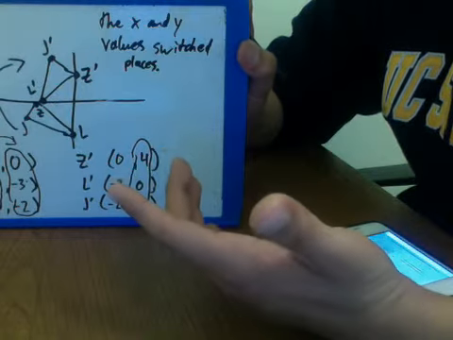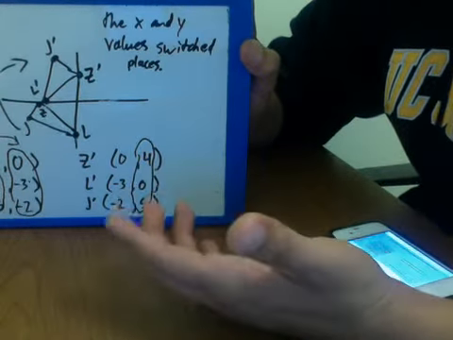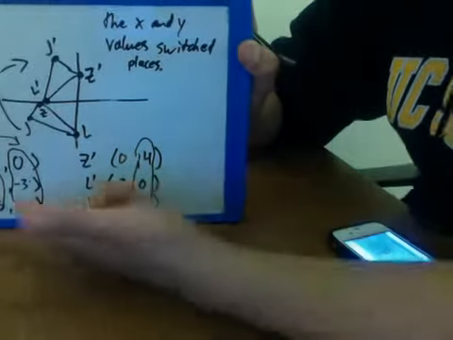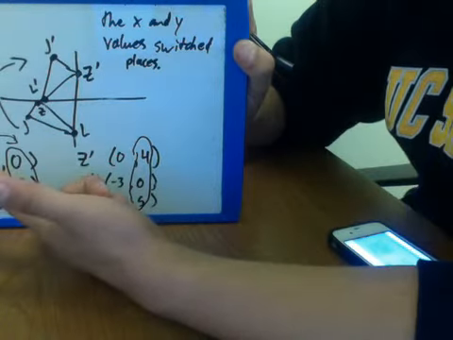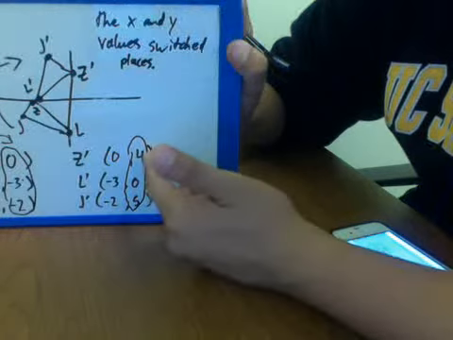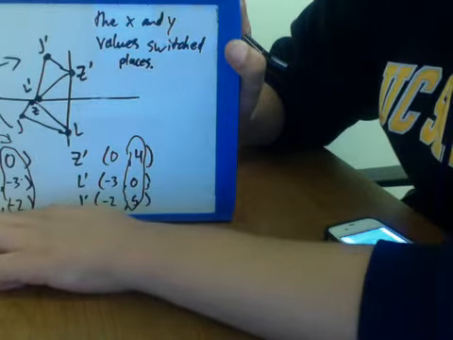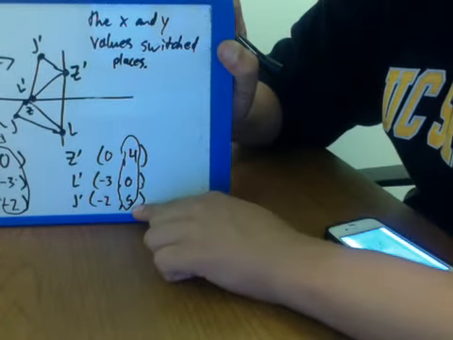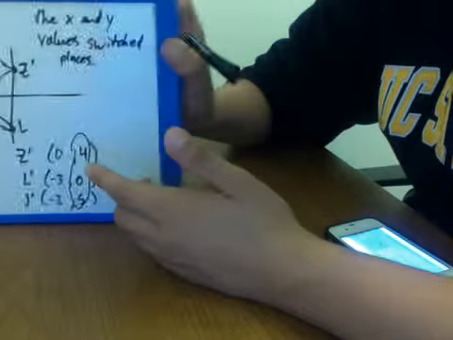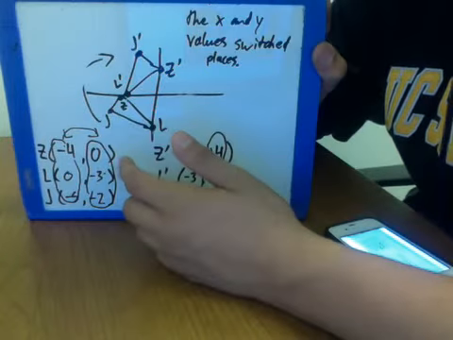The x and y values switched places. And then you could also mention something about the y values becoming positive. It went from -4 to +4. -5 became a +5. Okay? So just say something like that.